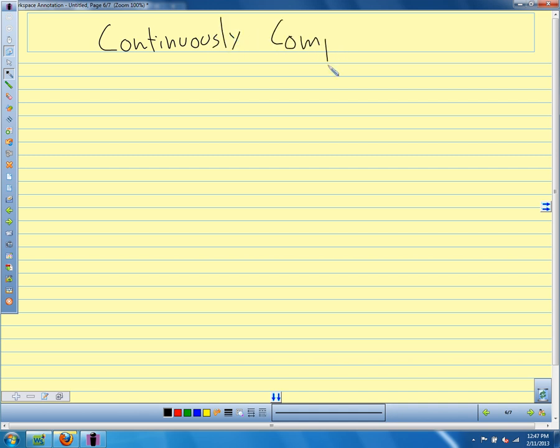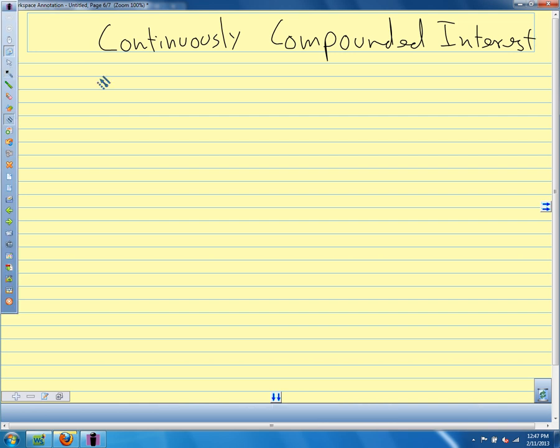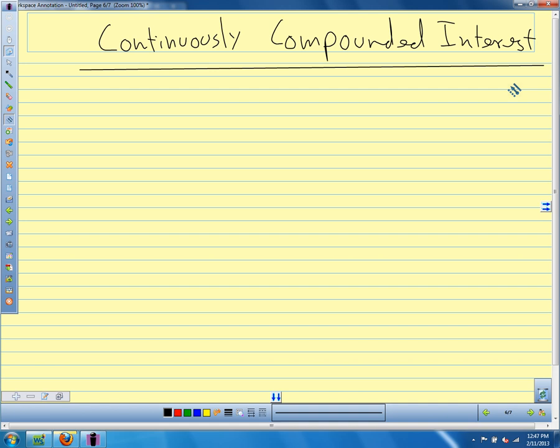So, continuously compounded interest. What we're doing with continuously compounded interest is we're just increasing that compounding rate. We're increasing that n from daily, hourly, minutely, secondly, fractions of a second. And that's where our number e comes in. The more and more we do that, the closer and closer we get to that number e.